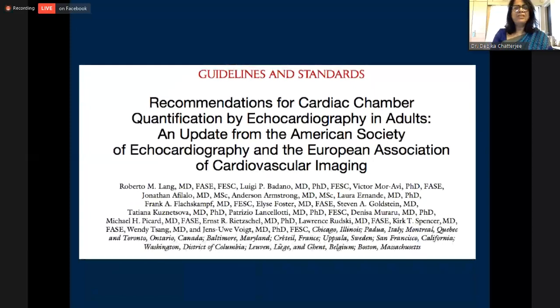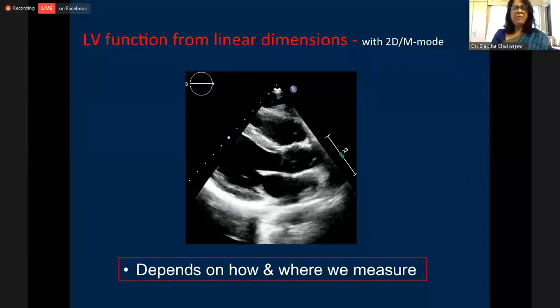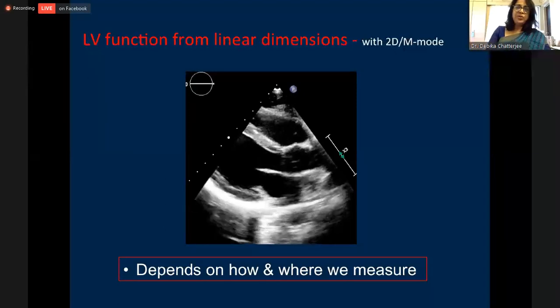And we have to always calculate this ejection fraction by following the latest recommendations and guidelines of the ASE to maintain a uniform standard worldwide.